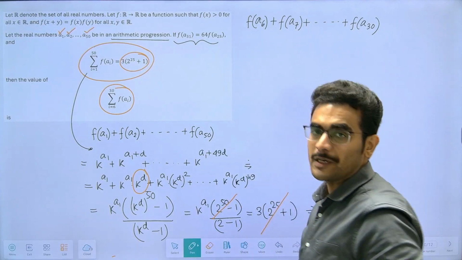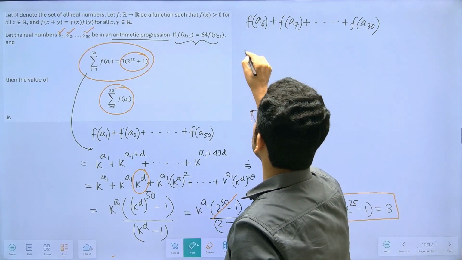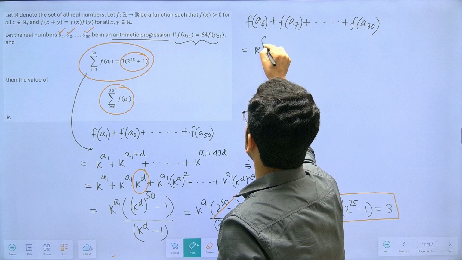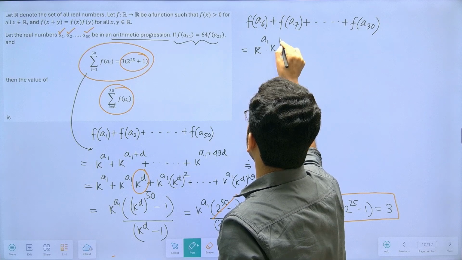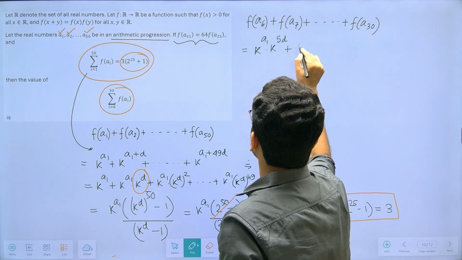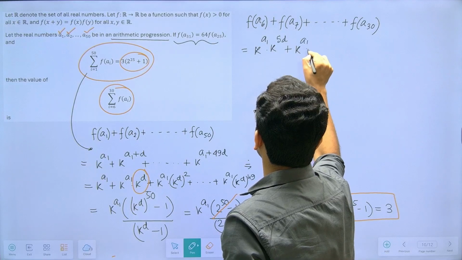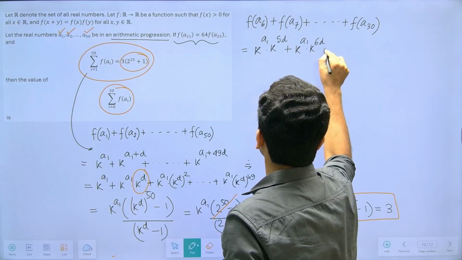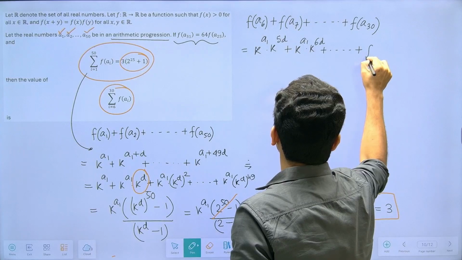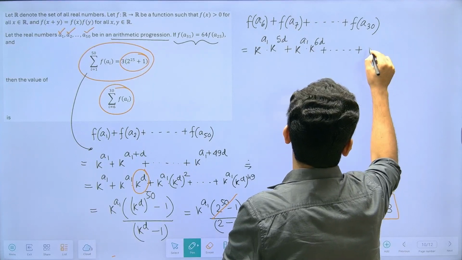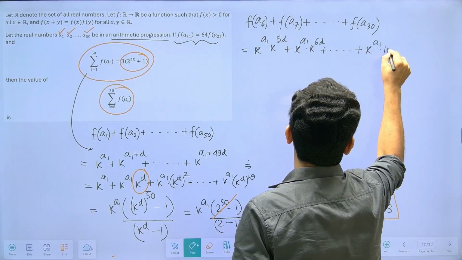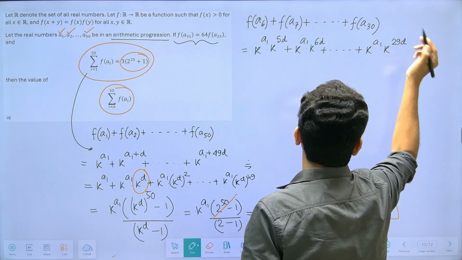We need to find out this particular sum. So if you substitute in the function, it will be k to the power a6, that is k to the power a1 into k to the power 5d, plus f of a7, that is k to the power a1 into k to the power 6d, and so on up to f of a30, that is k to the power a1 into k to the power 29d.